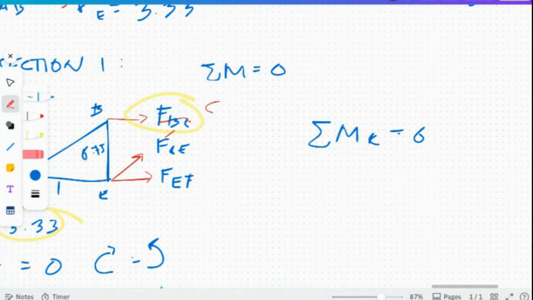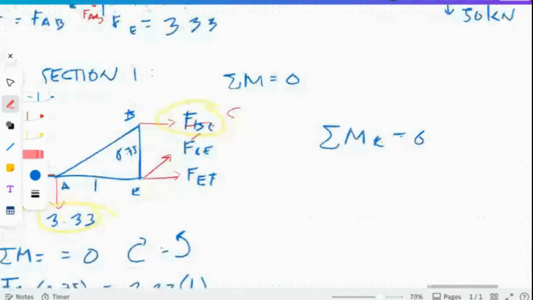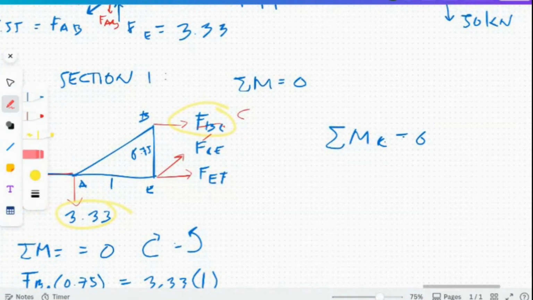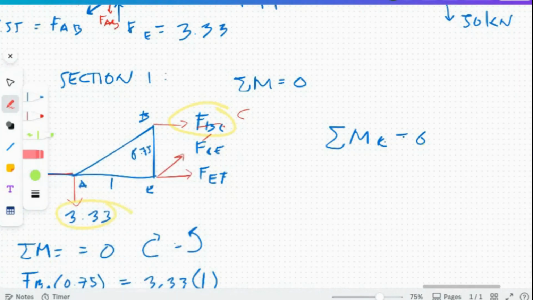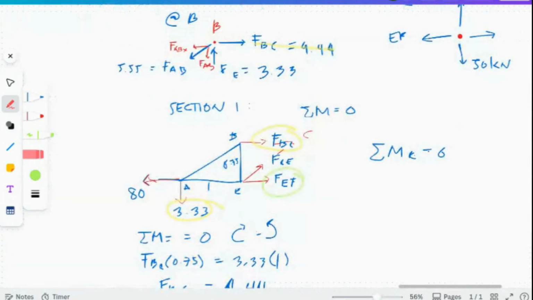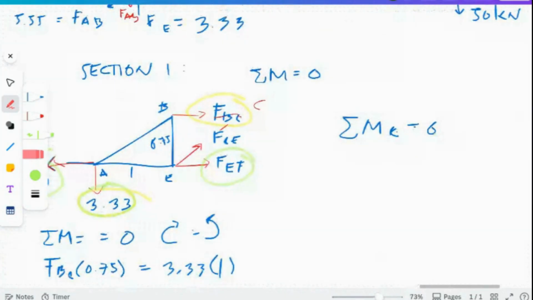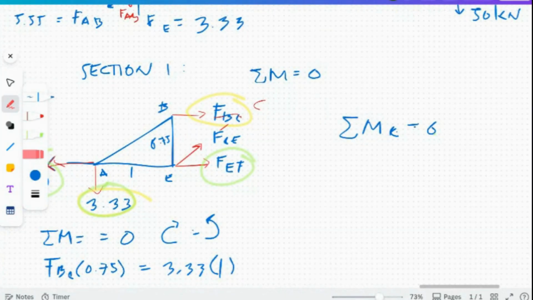That point over there is already defined. So in this case, at that point, we will only solve for EF, and we will also use AD, and we will also still use 3.33.